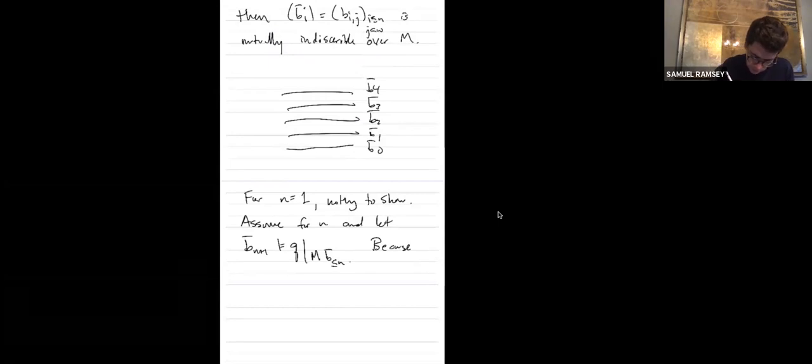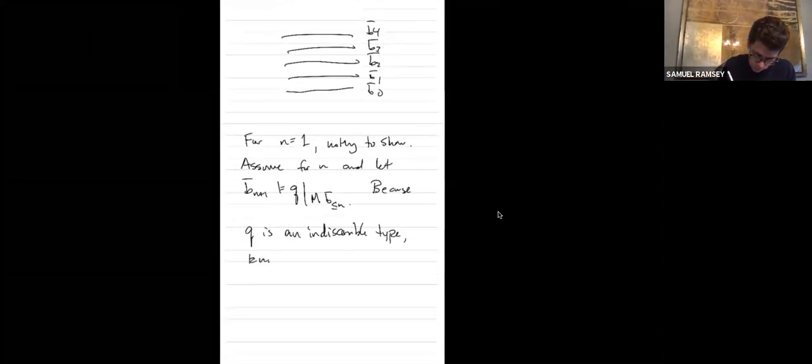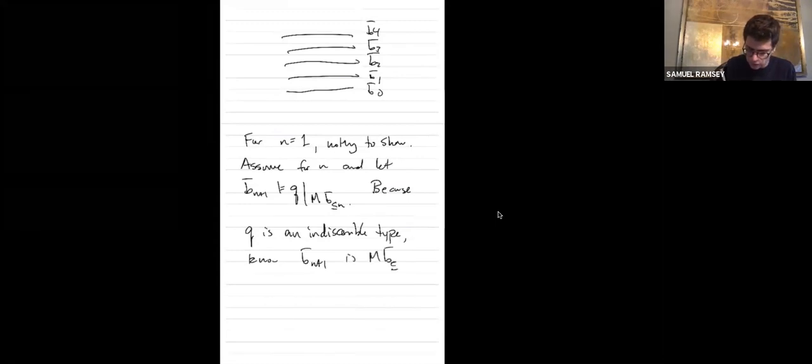Because Q is indiscernible, we know that B bar_{n+1} is M B_{less than or equal to n} indiscernible. That follows just by the definition of indiscernible type. We take a bigger set, we realize it over the bigger set, then you're automatically indiscernible over the bigger set. That's what's cool about indiscernible types.